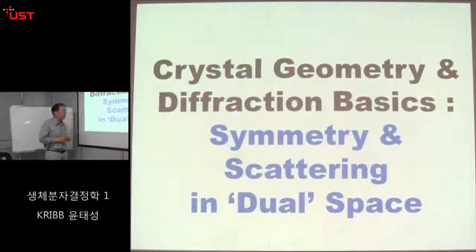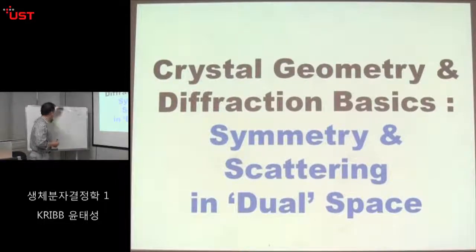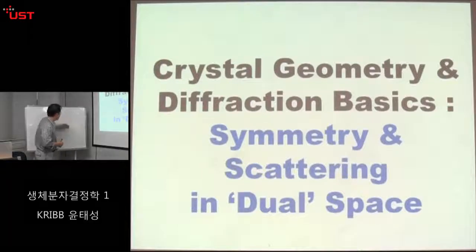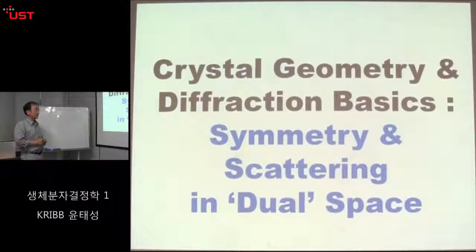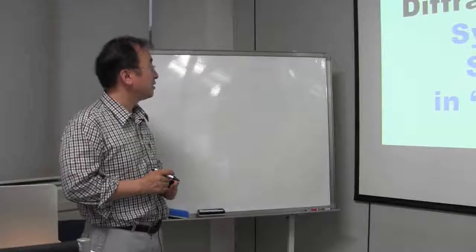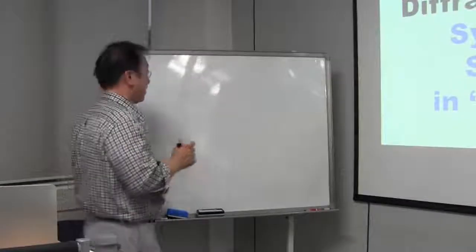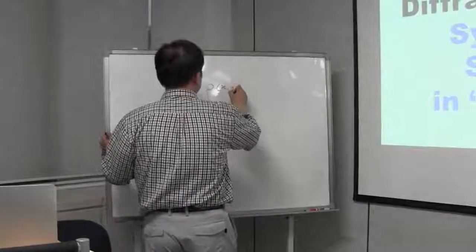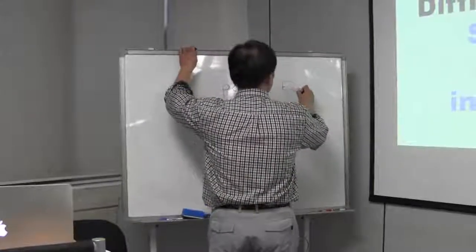Before jumping into dual space concept, I will ask you some questions. Let me write down something here. Rho x, y, z, and here F, h, k, l.